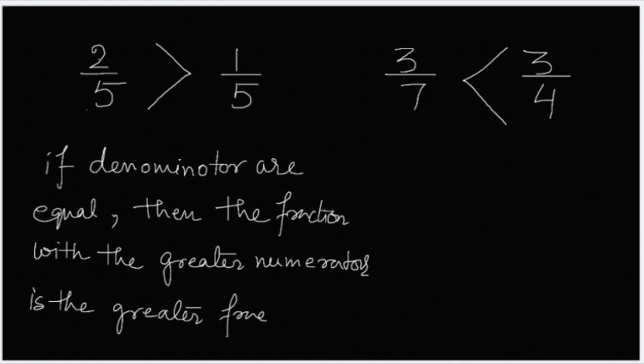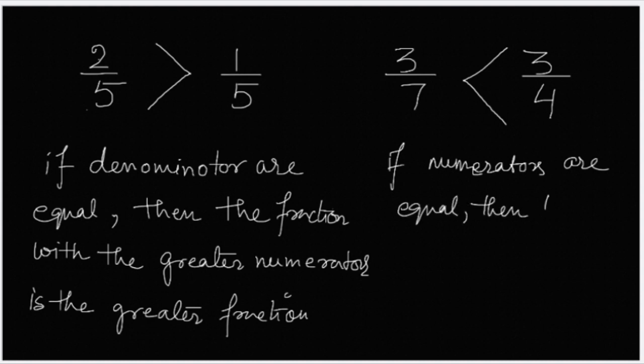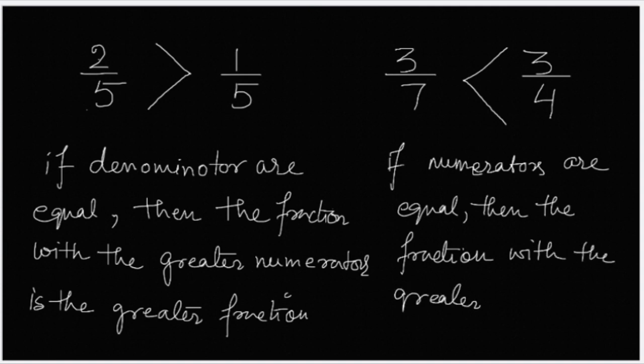It's just the opposite when the numerators are same. If numerators are equal, then the fraction with the greater denominator is the smaller fraction.